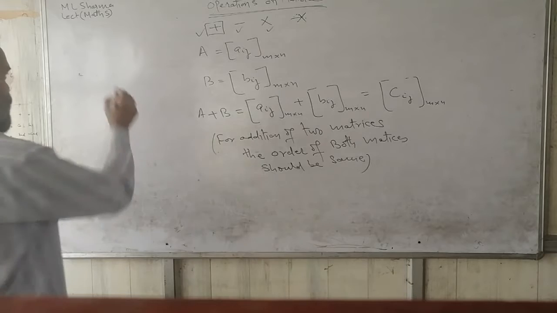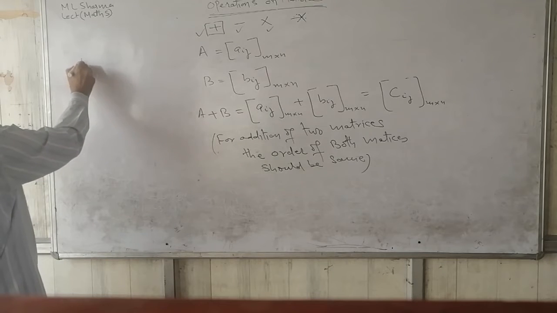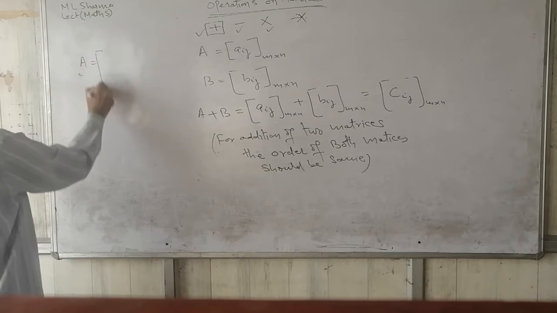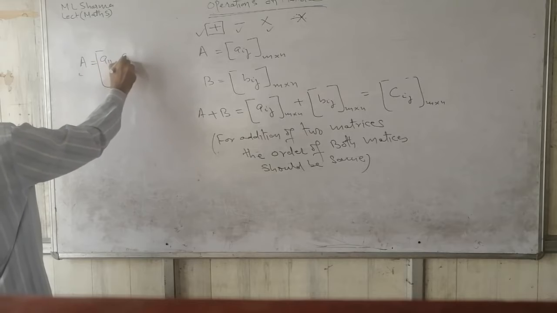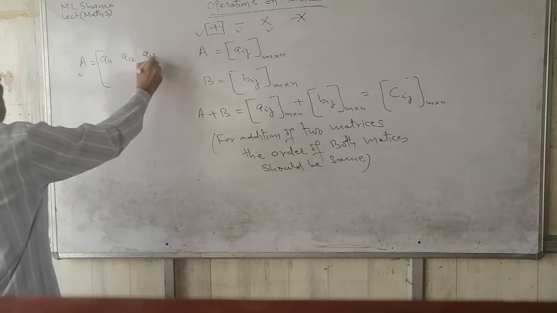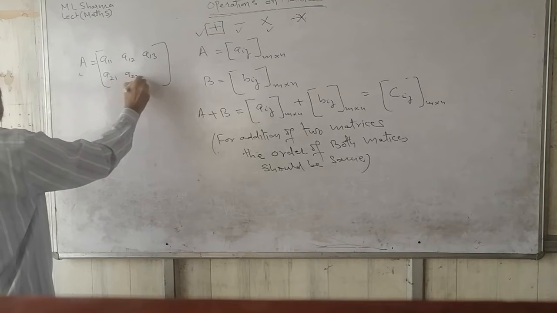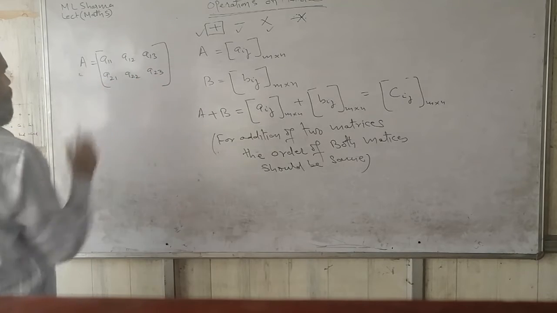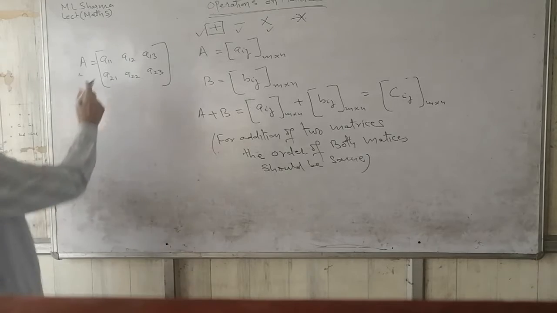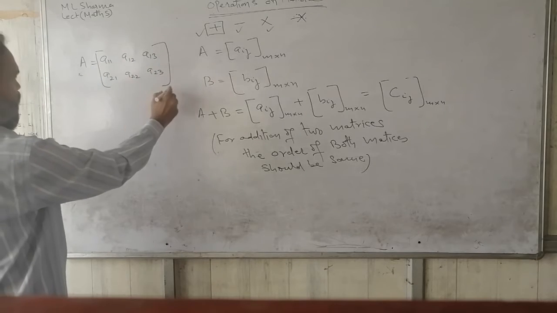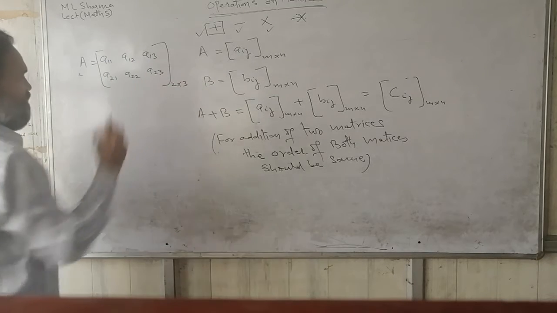So let me take an example. Say A is a matrix having the elements, so it is having 2 rows and 3 columns, 2 into 3 order.